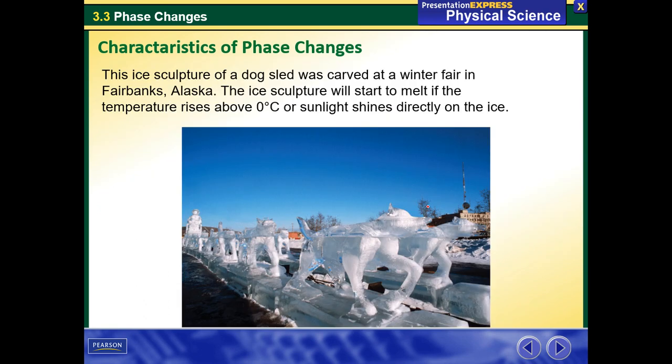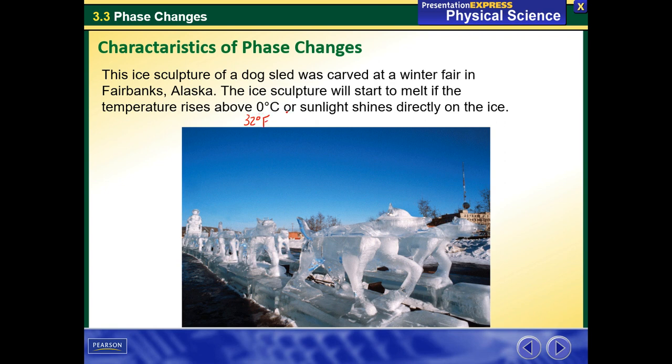A good example of this is ice. We've all seen ice. We know that it melts. We can freeze water and make ice. And this is an ice sculpture of a dog sled that was carved in a winter fair in Fairbanks, Alaska. If we left this ice outside, we're going to see that it will start to melt whenever the temperature rises above 0 degrees Celsius, or 32 degrees Fahrenheit, which is the freezing point.